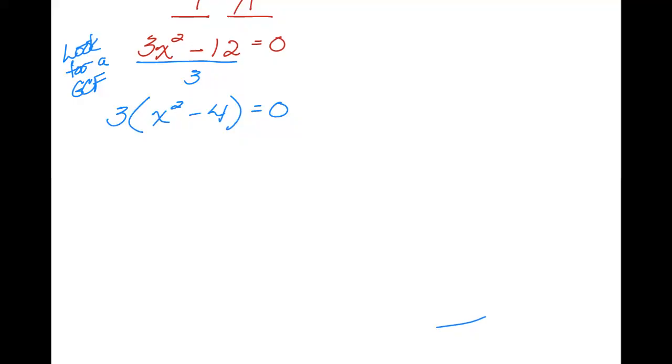Yeah. So do you remember in your factoring, there was something called a difference of two squares? Do you remember that at all? No?